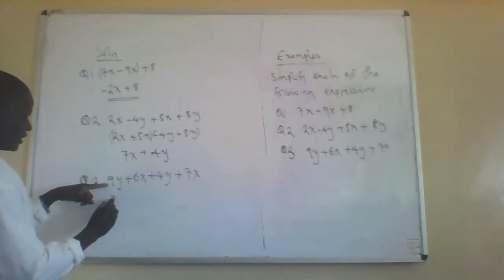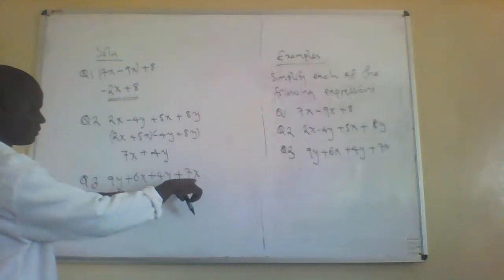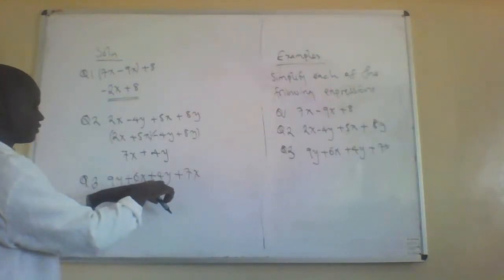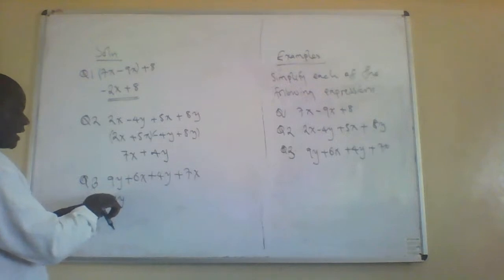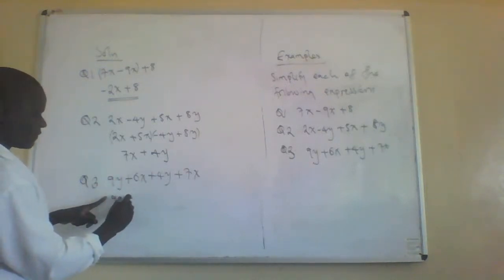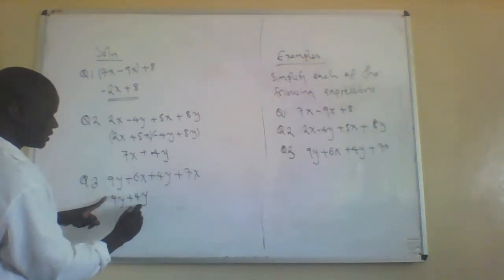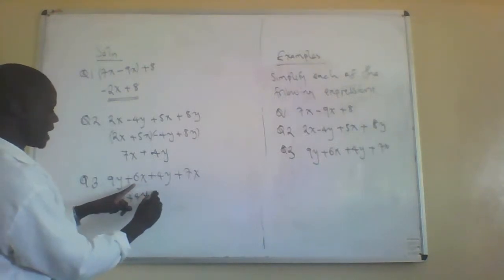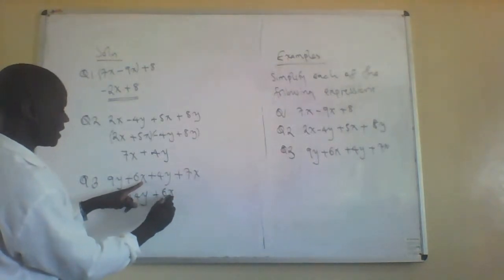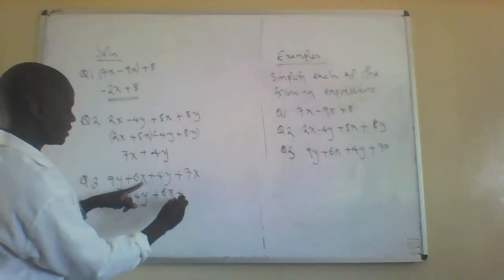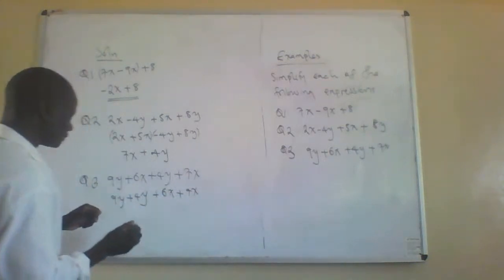So we are going to have 9y. We also bring this 4, which has a y, and the sign on the 4 is positive, so positive 4y. Then plus the 6x here. Then we also bring the 7x here.